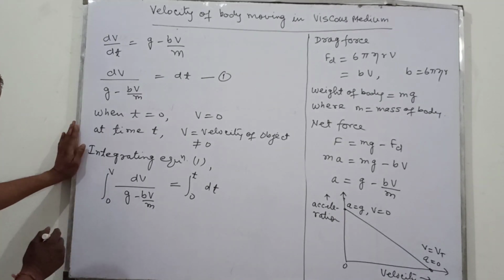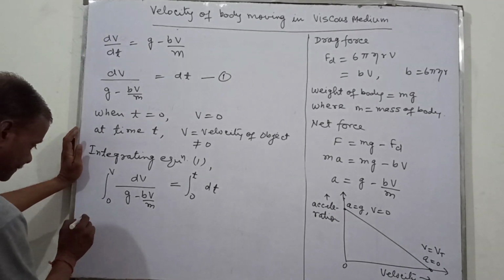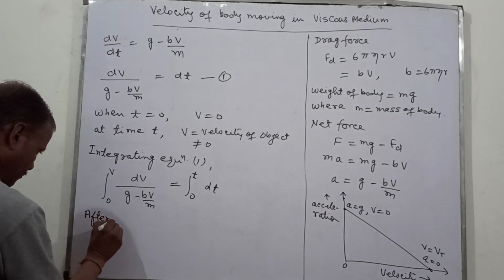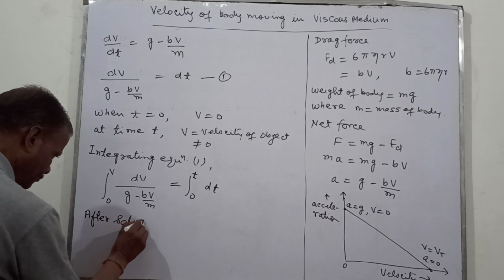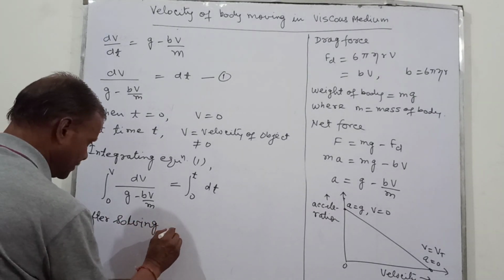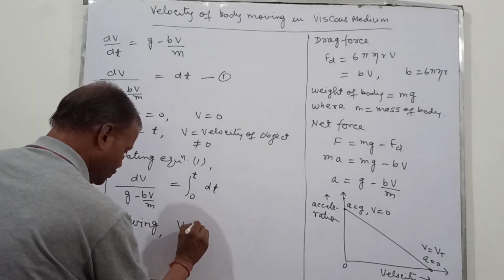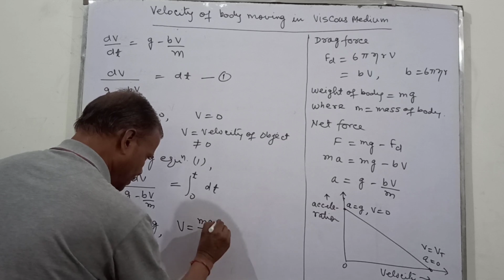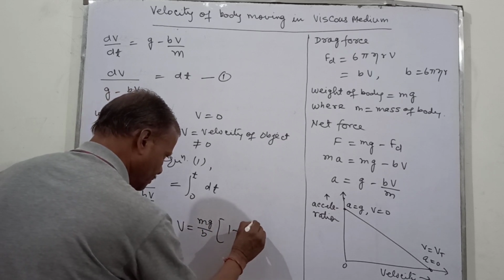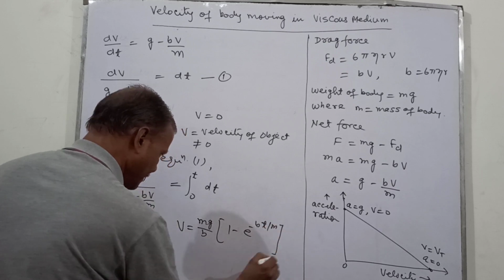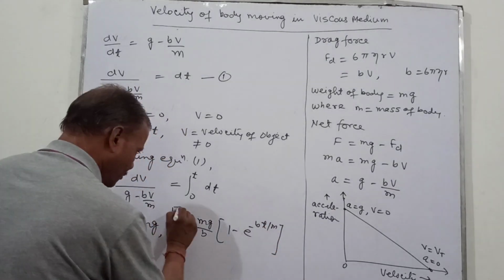So just after solving, what we get is that v is equal to mg upon b into 1 minus e to the power minus bt upon m. This is the formula.